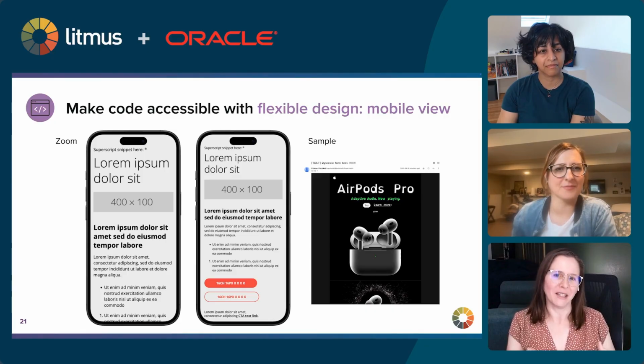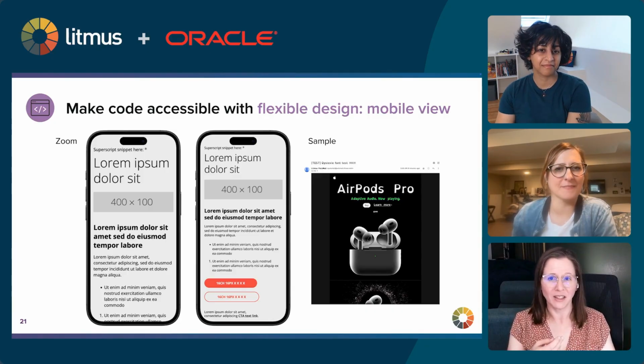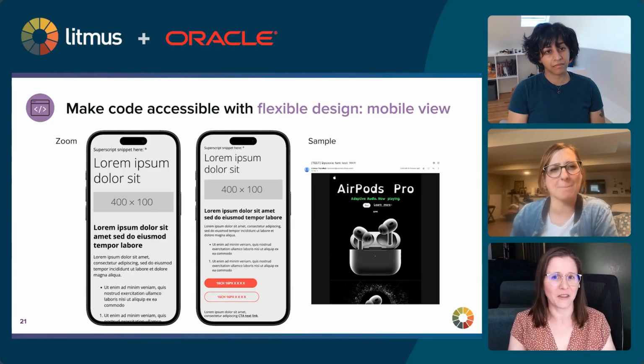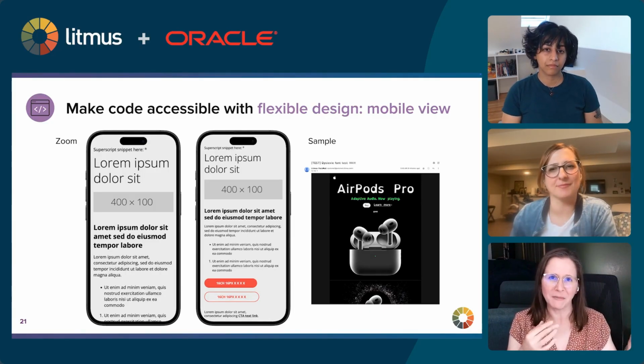So we also need to think about how people are using assistive technology to interact with our emails and plan ahead for that. I like to call this flexible design, where we're thinking about how a user is going to use that email. For example, people with low vision or older users can use a zoom setting or change the settings on their phone to increase the size of the text.